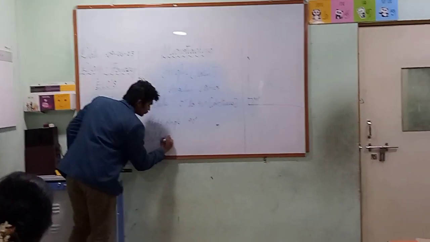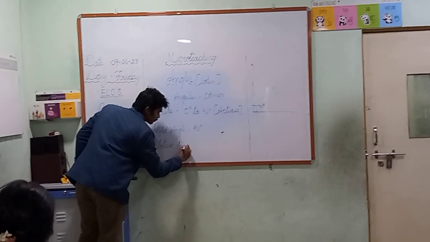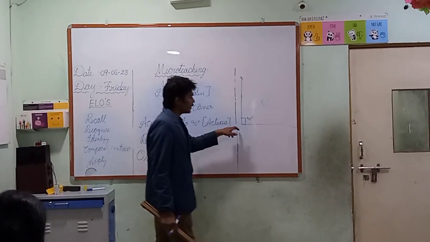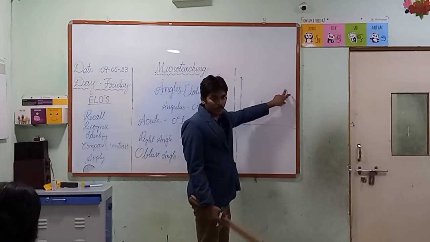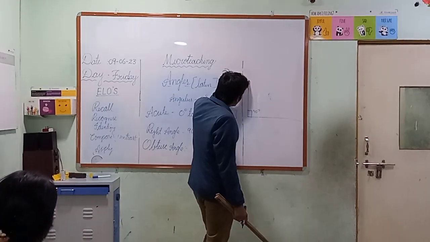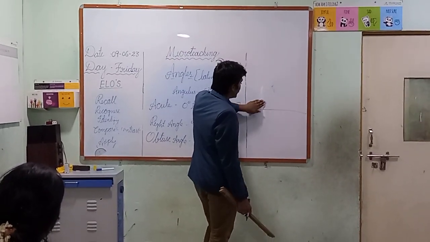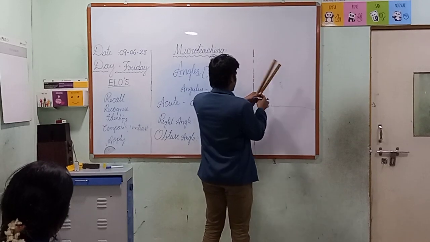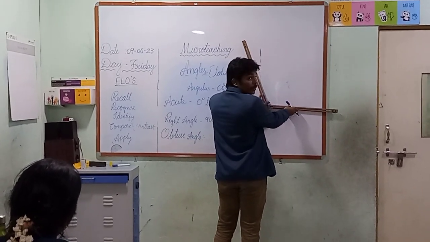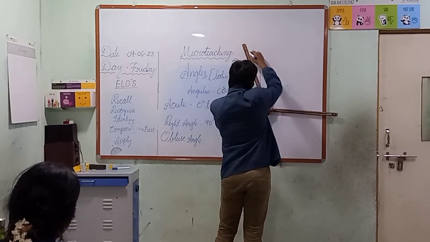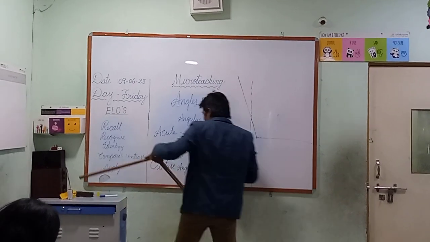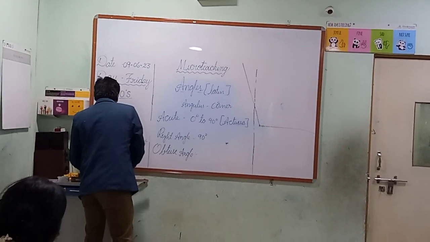And we will see the next one, obtuse angle. Here there is a sharp edge, that means acute angle, and up to here is a right angle. If I bend this a little, we will draw a line here and measure it again with our protractor.